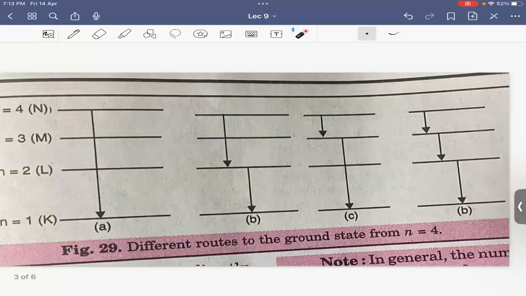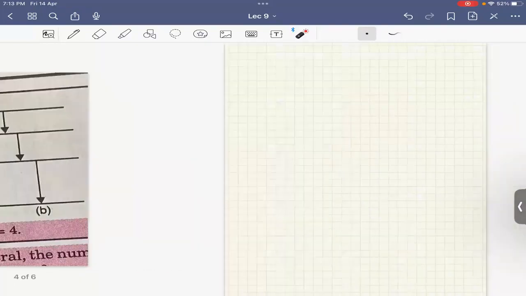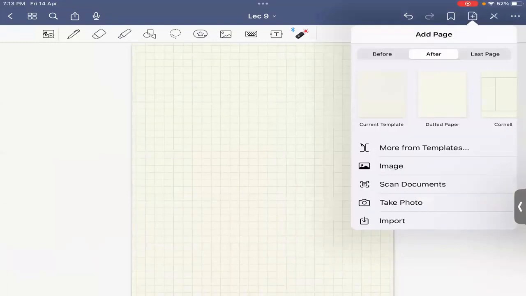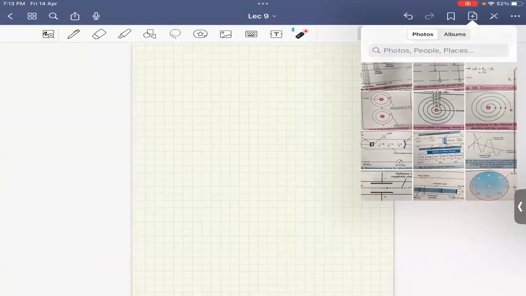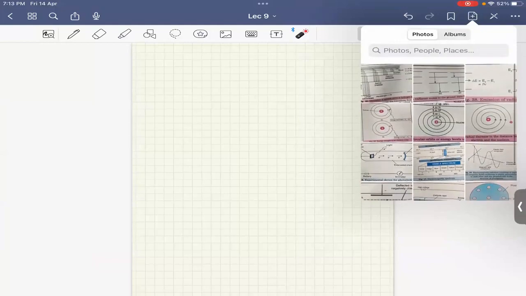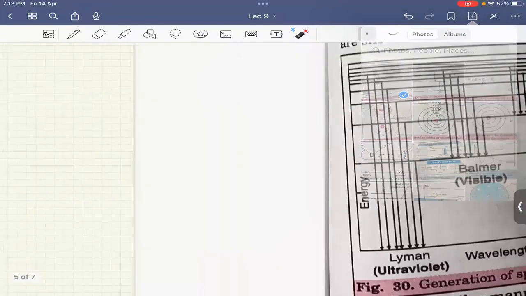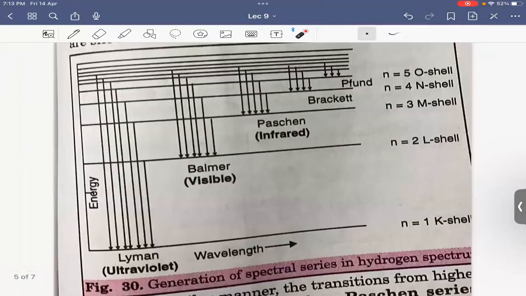So if I were to tell you using the image, you can see this is the image, right? If from any energy state the electrons directly go to the ground energy state, then we call it a Lyman series, and these all lie in the ultraviolet region. So let's say this is the initial state and it directly goes to the ground state, or it is at this stage and it directly goes to this.